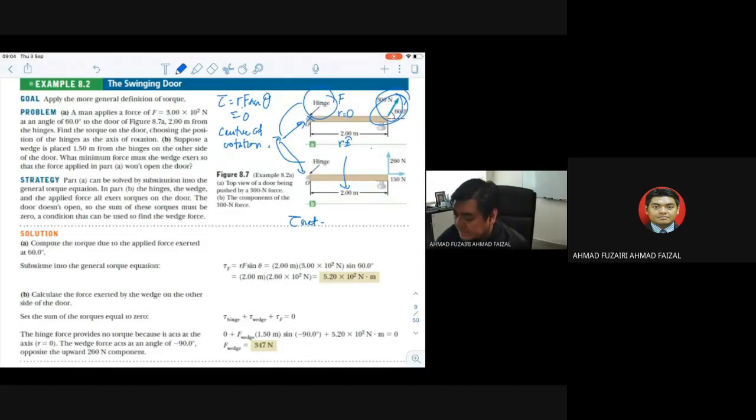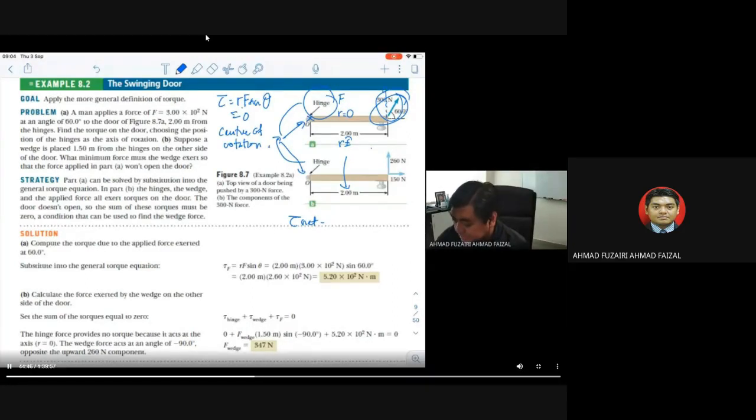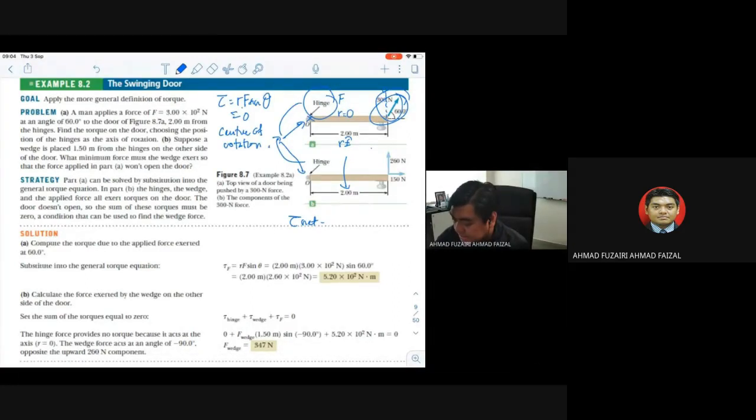Then remember 300, so you should divide it into 300 cos 60 and 300 sin 60. Okay, yang mana satu kita ambil? 300 sin 60. Okay, 300 sin 60 kali dengan 2 dapat 520 Newton meters. Okay, 520 Newton meters.